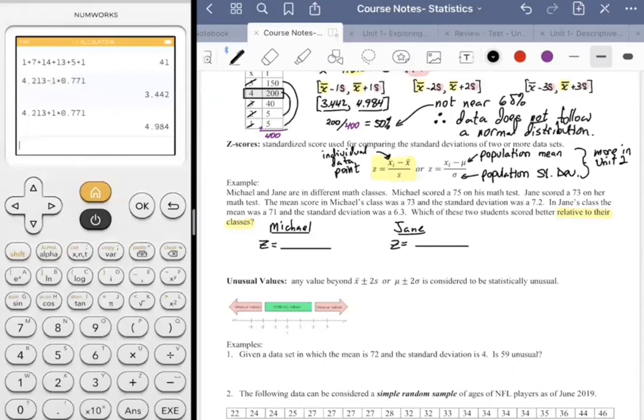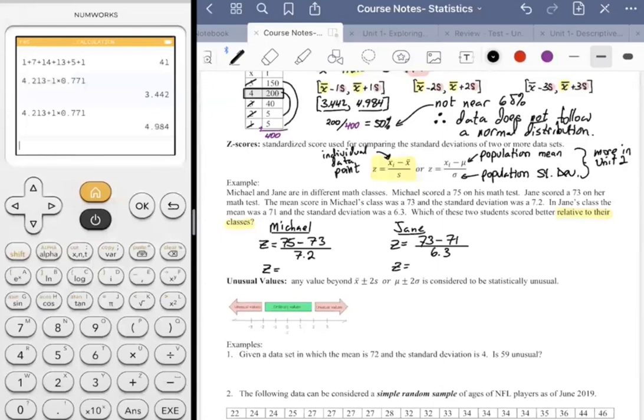Procedurally, it really is just a matter of taking Michael's score, 75, subtracting from his score the mean, and dividing by the standard deviation. Then taking Jane's score, subtracting from that score the mean in her class, 71, and dividing by the standard deviation in her class, 6.3.